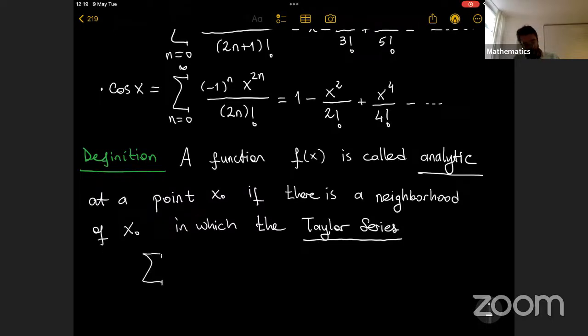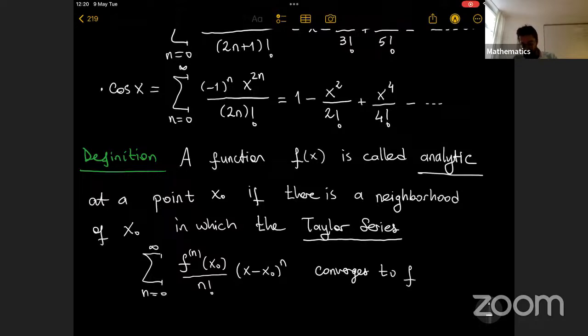The coefficients are coming from the derivatives of the function at x naught, times x minus x naught to the n, n from 0 to infinity, converges to f of x.